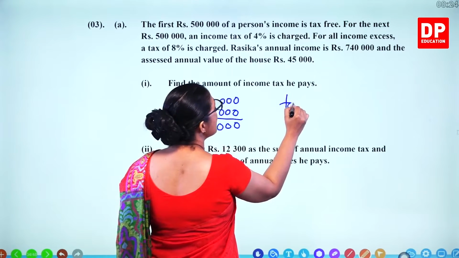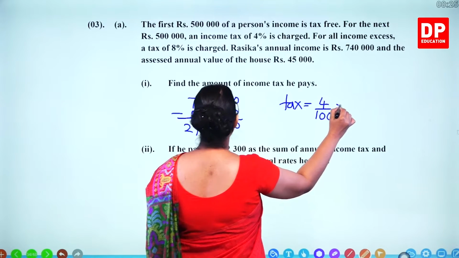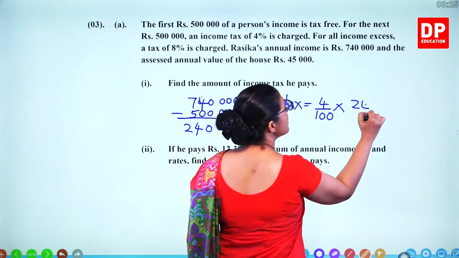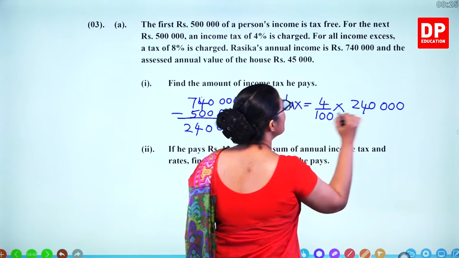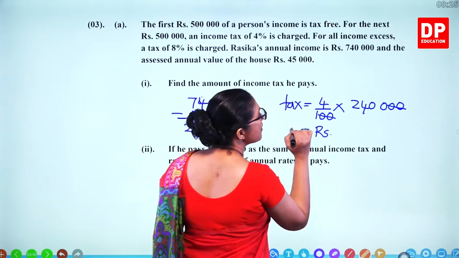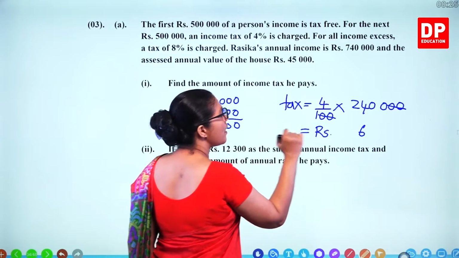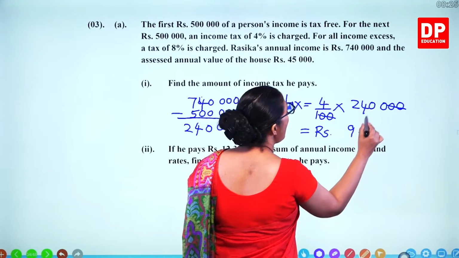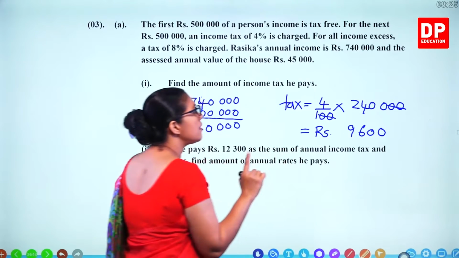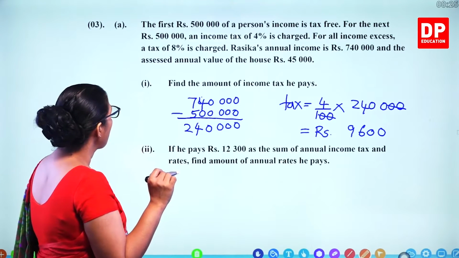So, tax is equal to 4 over 100 into 240,000 rupees. So, 2 zeros get cancelled out. You get 4 times 4, 16, 1 remaining, 4 times 2, 8 plus 1, 9 and 2 zeros, 9,600 rupees as the tax.